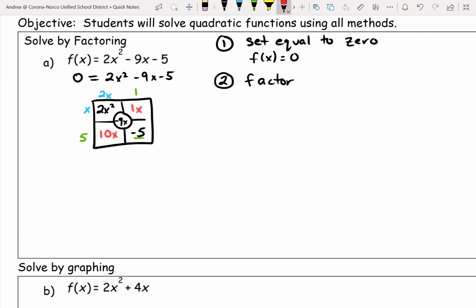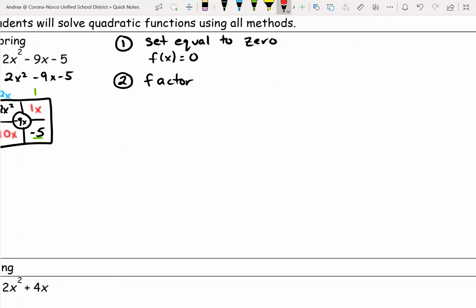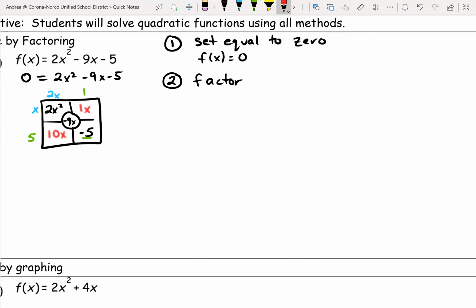We have to determine which one's going to be negative, the 1 or the 10. 10 needs to be negative to get a negative 9. If the 10's negative, that means the 5 is negative. The 1 is positive, that makes this one positive. Now that will work out because 1 times negative 5 will give me the negative 5, and positive 1 and negative 10 will give me the negative 9 in the middle.